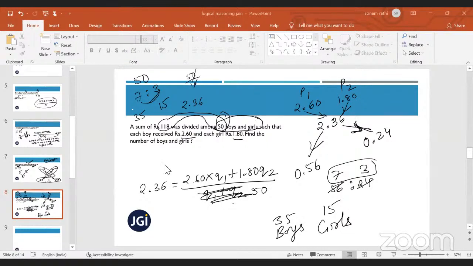Everyone, yes or no? Check your ratio, everyone. Ratio is 7 is to 3. You have to divide 50 in 7 is to 3 ratio.